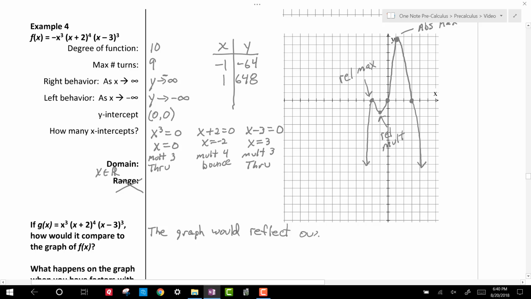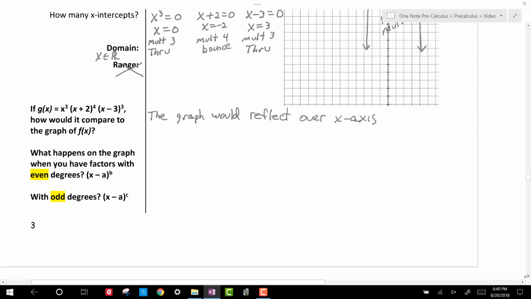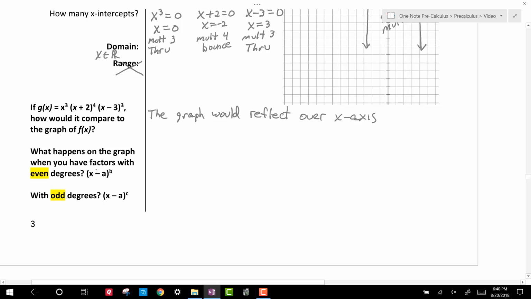All right? And then the last two questions here, what happens on the graph when you have factors with even degrees? So if this was x minus a to the second or the fourth or something like that, we know that the graph will bounce off the x-axis.